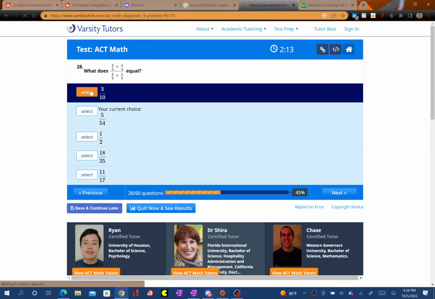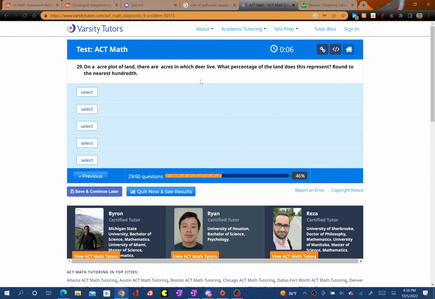Okay. On a 15,000 acre plot of land, there are 7 acres in which deer live. What percentage of the land does this represent? Round to the nearest 1,000. Okay.